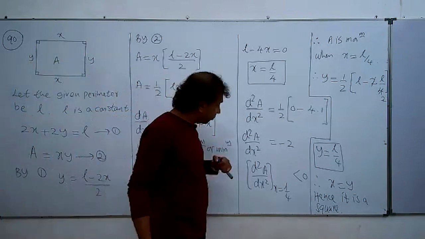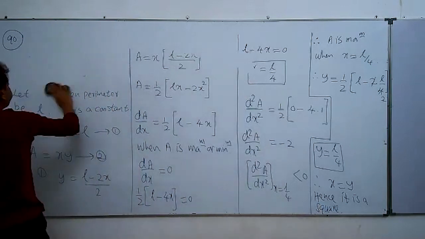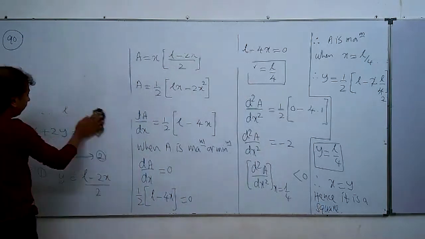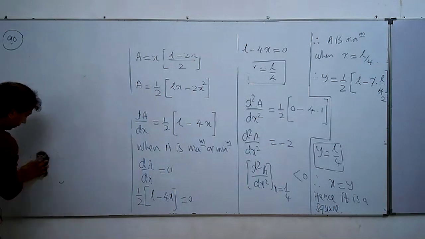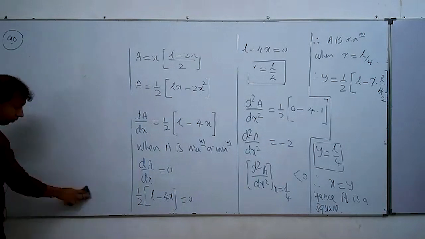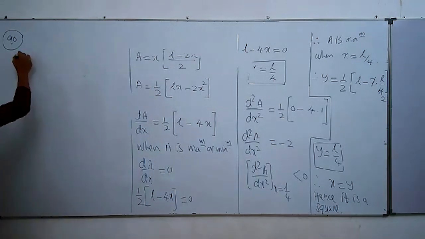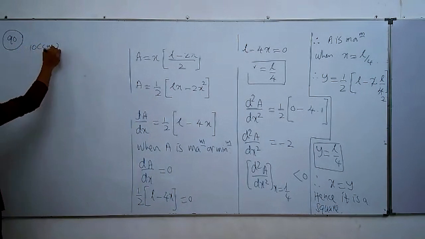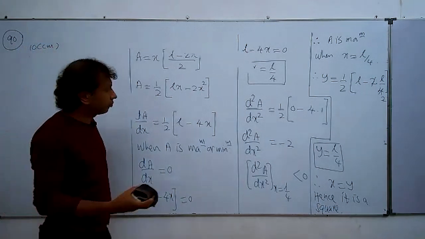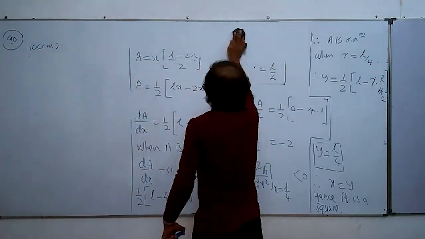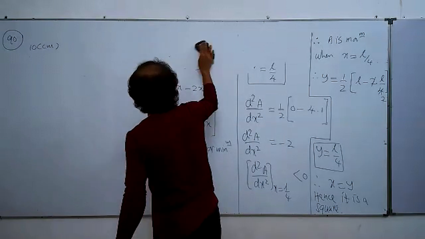First of all, tell me, before going to this, suppose I'm going to draw right angle triangles where the hypotenuse is 10 centimeters.